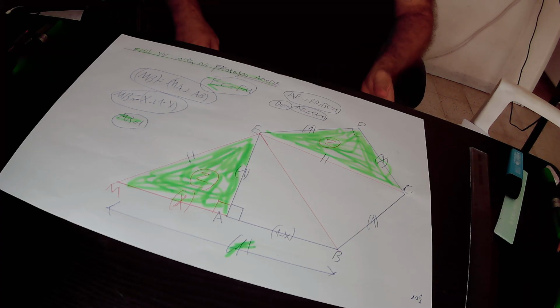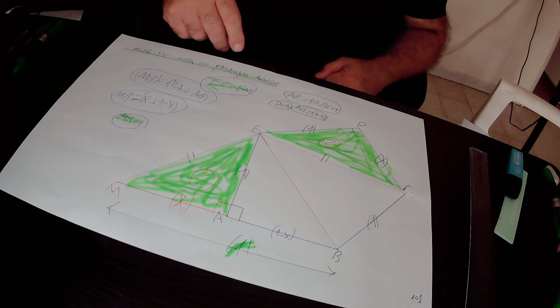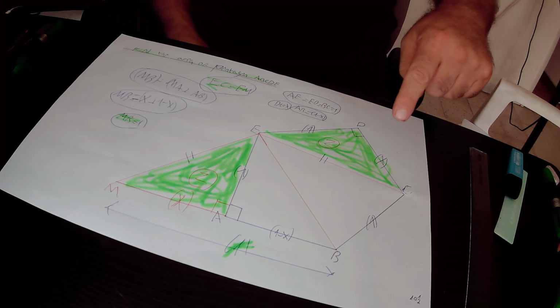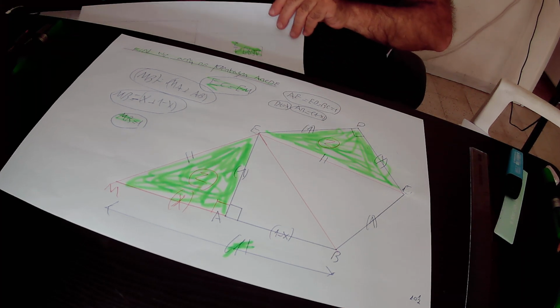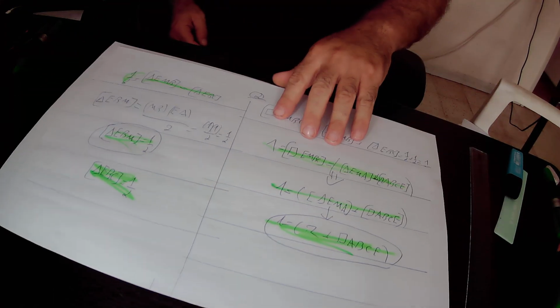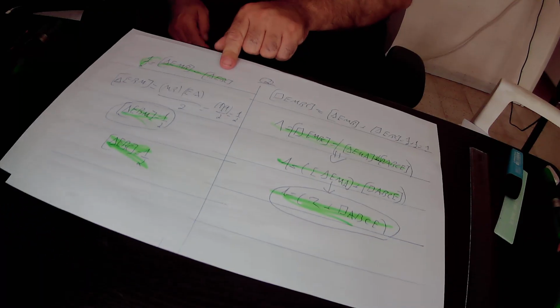Any two triangles that can go into each other must also have the same areas. So we conclude that the area of triangle EMB is equal to the area of triangle EBC.